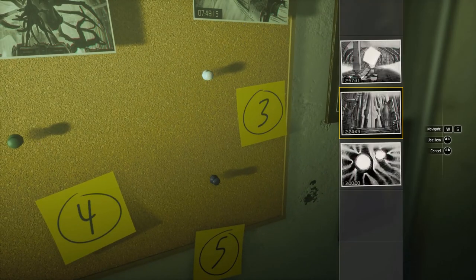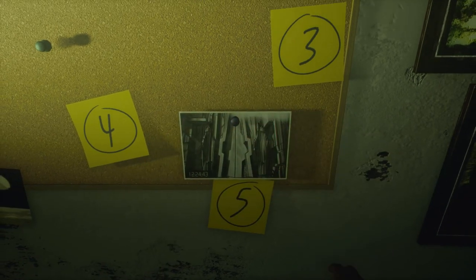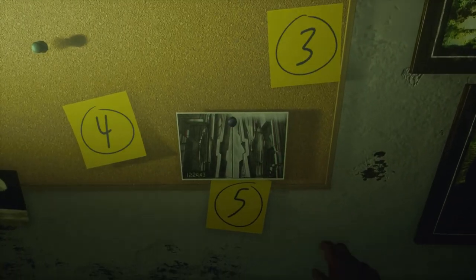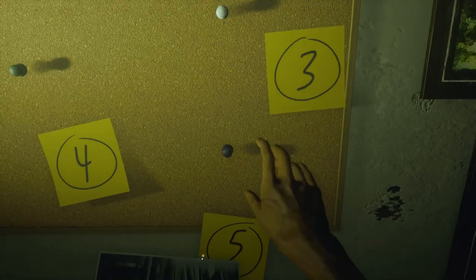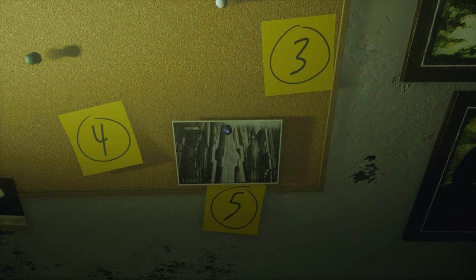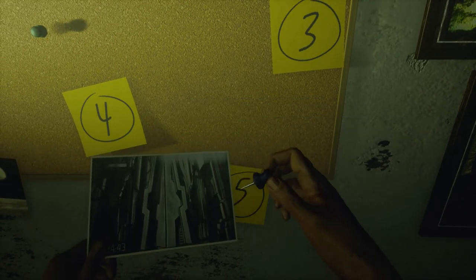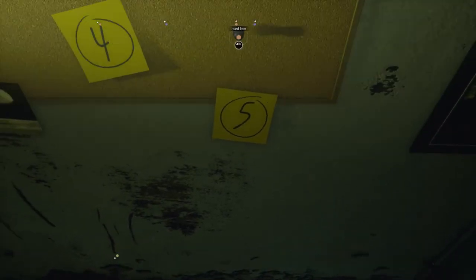Number 3 would be 1224. Wait, I did it wrong. Because it's number 5 I pinned it on. What are you doing? Let it go. Add to the inventory.